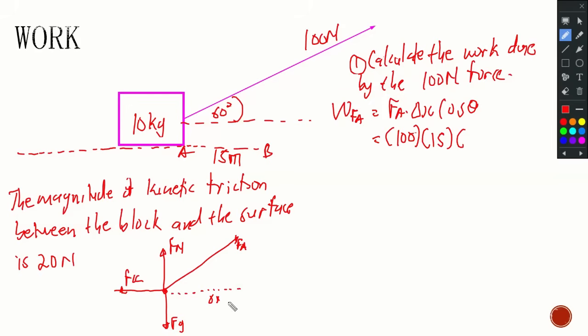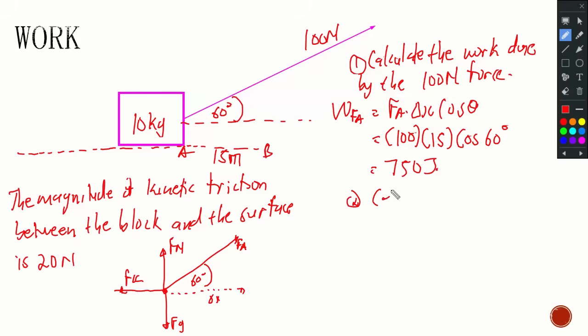So the object is moving in that direction. What's the angle between the force applied and the displacement? It is that angle there of 60 degrees. So we're going to have cos 60 degrees. So you're going to grab your calculator, 100 multiplied by 15, and then cos 60 degrees. So this will give us what? 750 joules. But then again, that angle is only limited to the force applied.